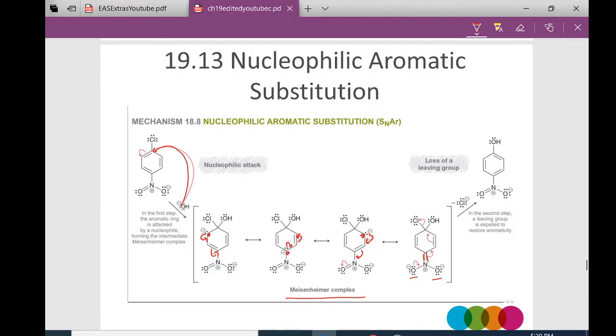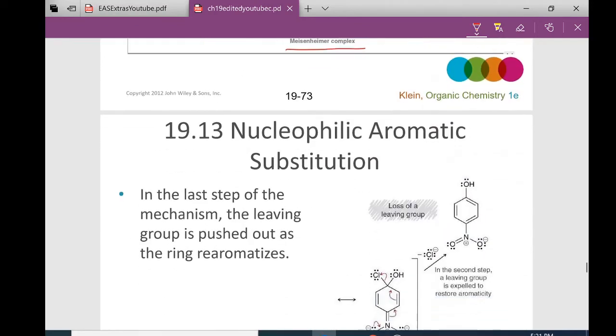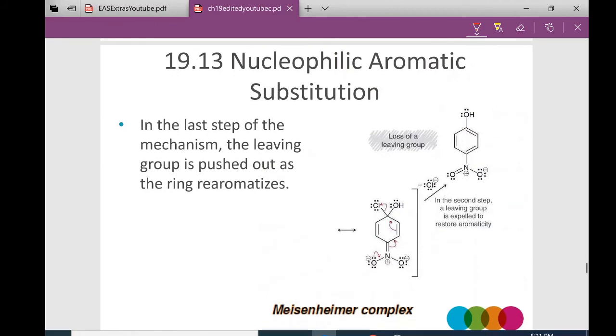That's why we have to have our nitro group ortho or para to the leaving group for this reaction to work at all. Otherwise, this reaction will not work. So in our last step, the chloride leaves, and in fact, it's pushed out by this movement of electrons, okay, to give us our product. And that restores aromaticity.